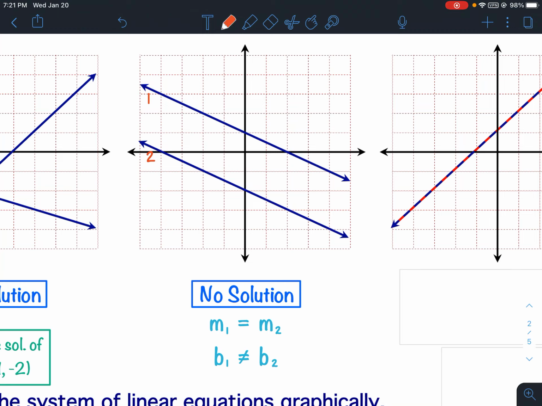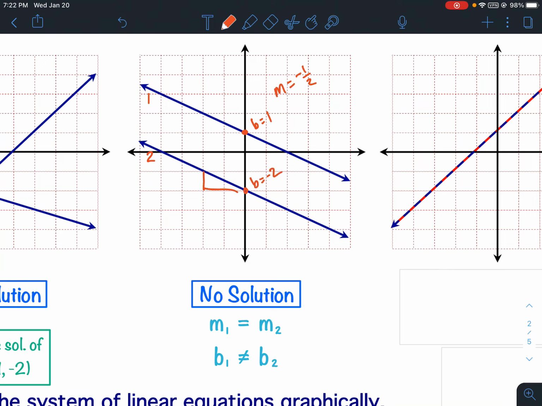If we took the time to find the slope, it is negative 1 over 2. So the slope for both equations would be negative 1/2. But the y-intercept here is positive 1, and the y-intercept down here is negative 2.